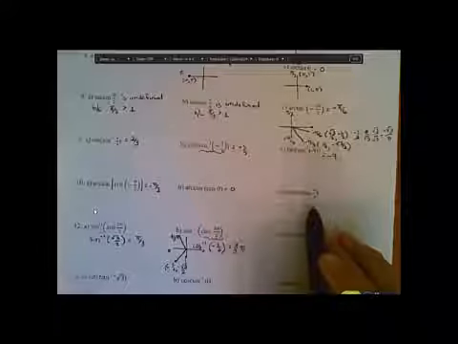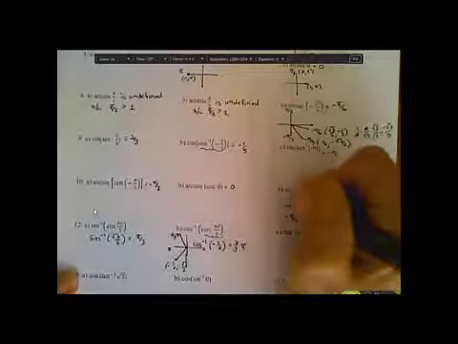Number 10, I'd like to say arctangent and tangent just undo each other and leave me pi over 4. But before I can say that, I have to ask, is pi over 4 an answer that arctangent can give me? Well, arctangent, remember, can only give me answers between negative pi over 2 and positive pi over 2.